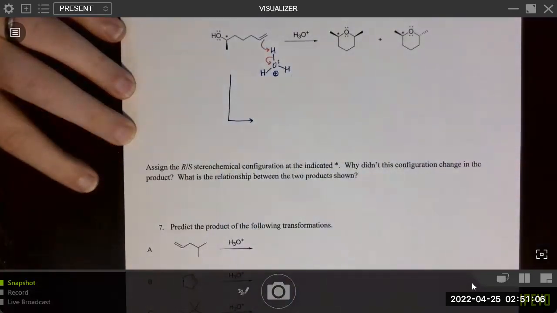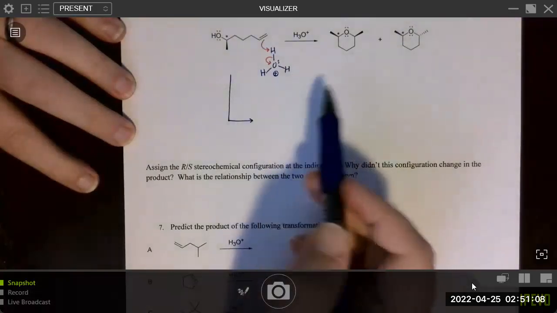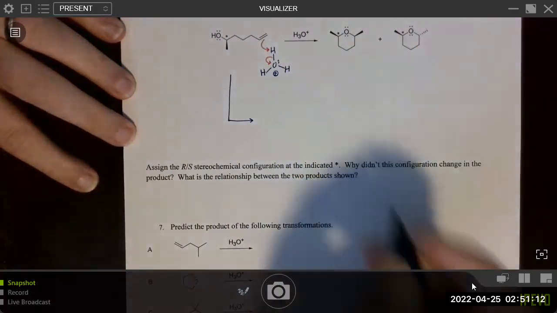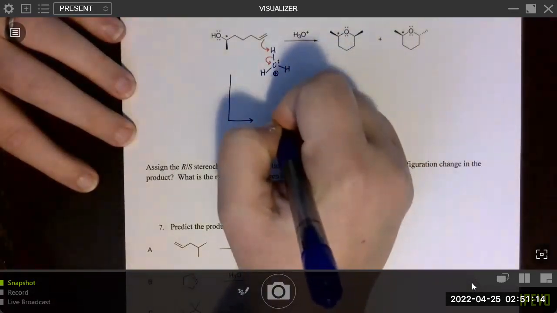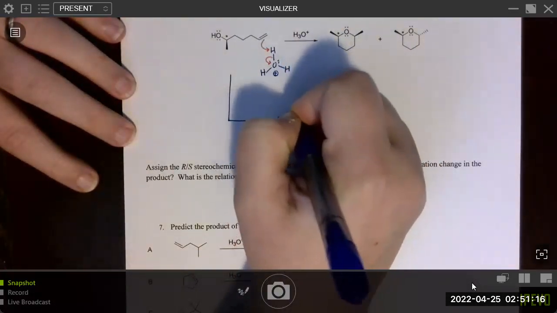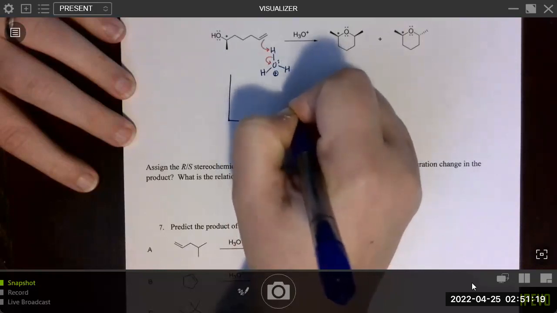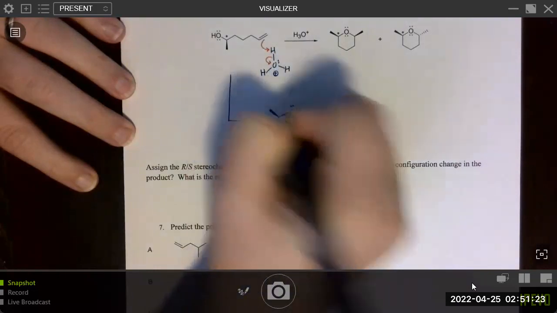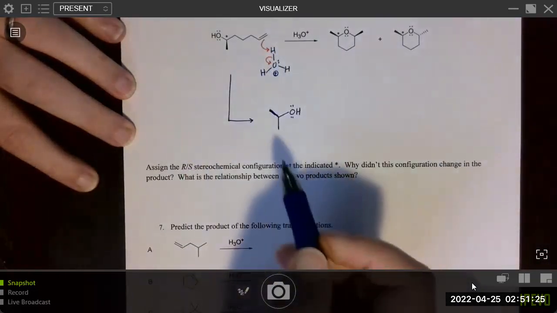But we can actually draw that in such a way that it starts to resemble these rings. So what I'm going to do is draw it this way so that it starts to look like the ring.